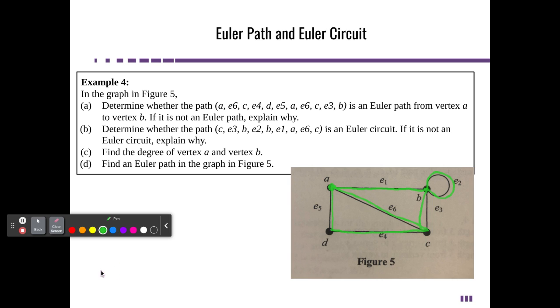So I would list that out as being A, E1, to B, to E2, to B, to E3, to C, to E4, to D, to E5, to A, to E6, to C. And so that would be my listing of my Euler path for this particular problem.